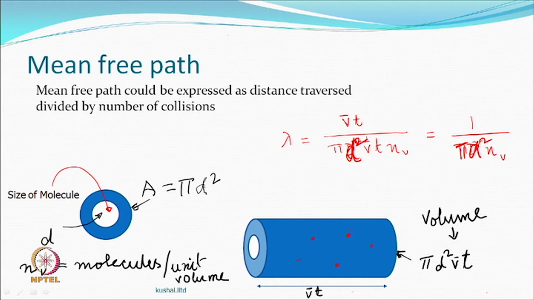So, pi d square, average velocity v bar and number of molecules are the ones which are going to decide lambda. Therefore, if we write it again, lambda is 1 over pi d square n_v. Is that okay? So, it is dependent on the size of the molecule and on the number of molecules.